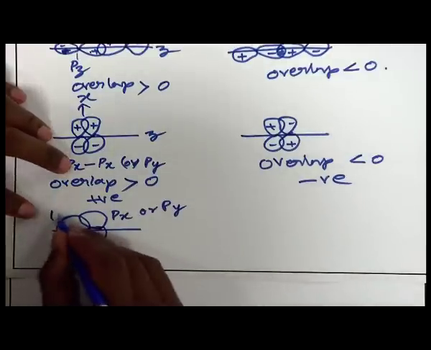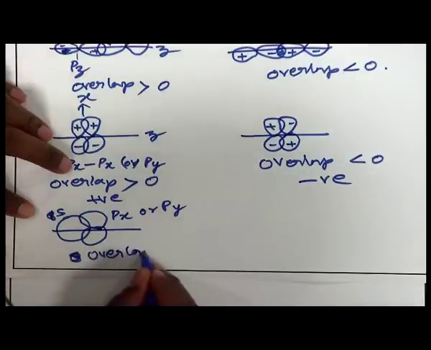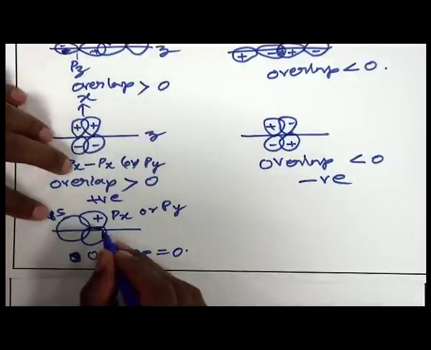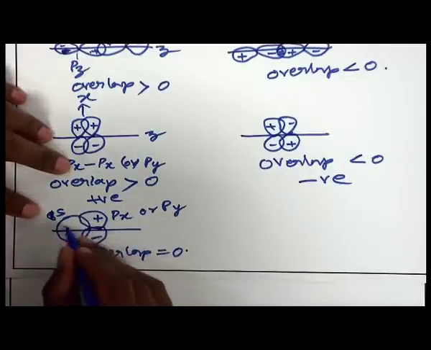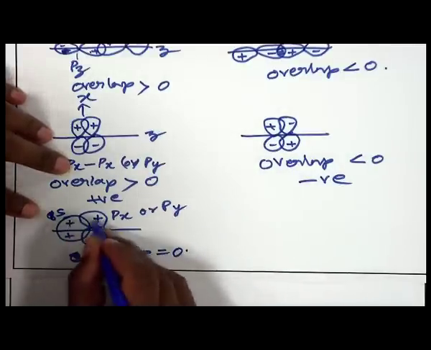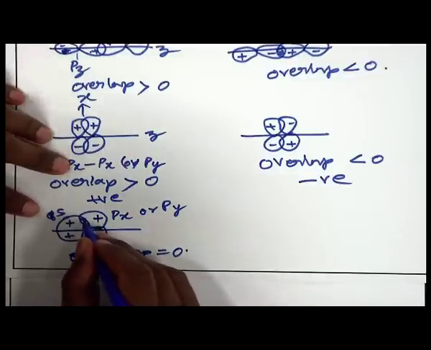Here this is a 1s orbital or s orbital. Now here the overlap is equal to 0. Say this is positive, this is negative; for the s orbital it is positive everywhere. So, here positive, here positive, so the overlap is greater than 0.